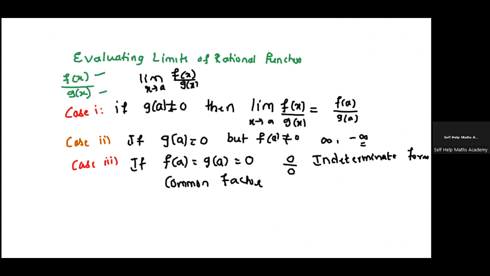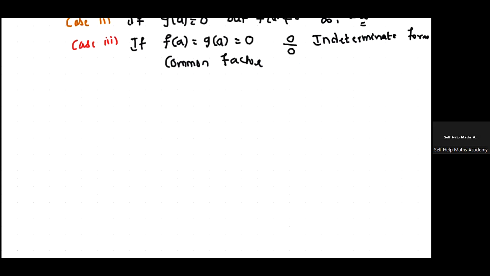So there are three cases which we have discussed, and now we'll see the examples one by one. The first example is the limit of x square plus 2 divided by x square minus 2 as x is tending to 2.